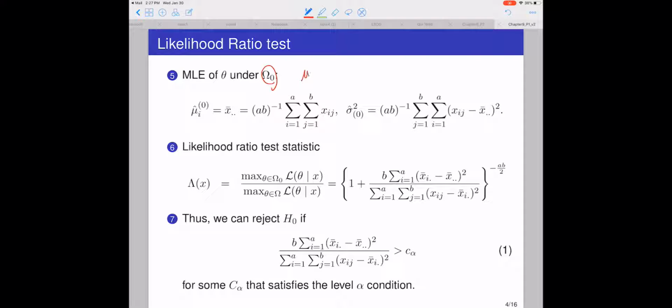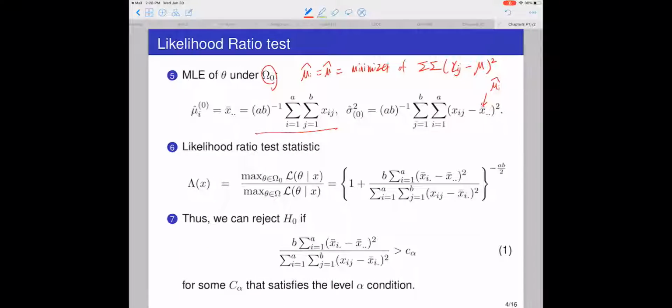So the mu i hat are all equal to mu hat, which is the minimizer of the double summation of xij minus mu squared. So that is this one, and then this is mu i hat under the null hypothesis, and then we get this MLE. And so the likelihood ratio test statistic.